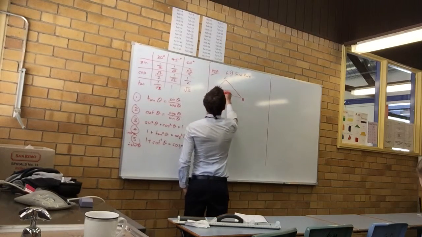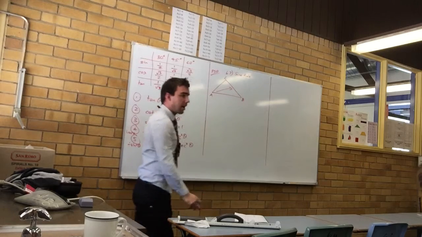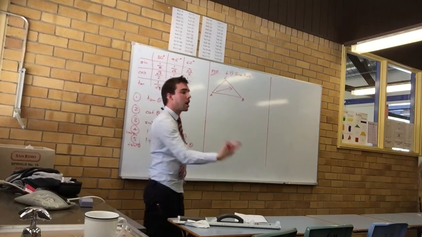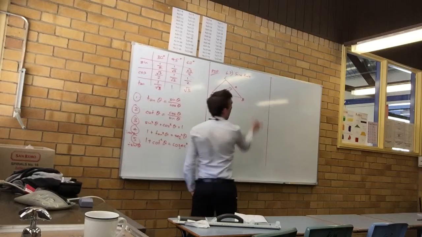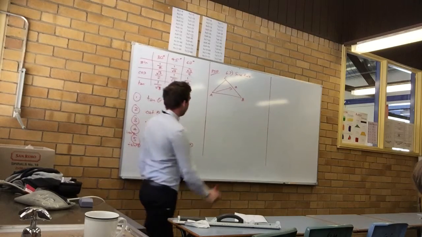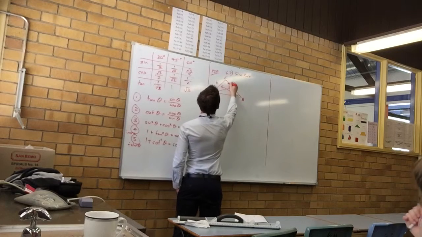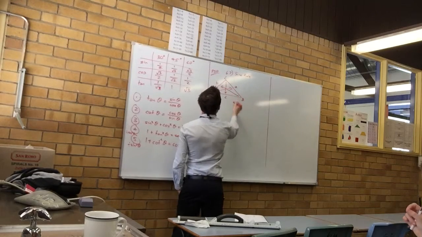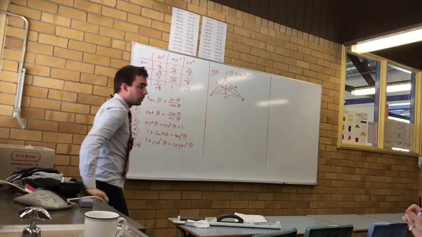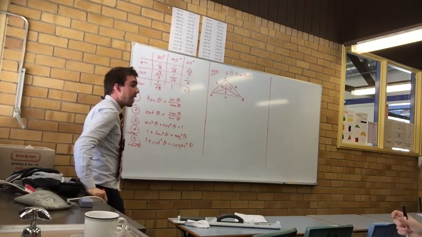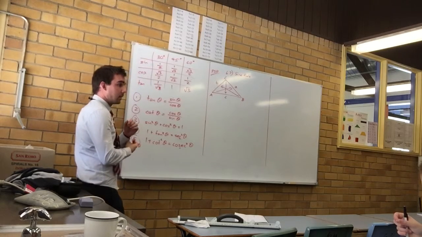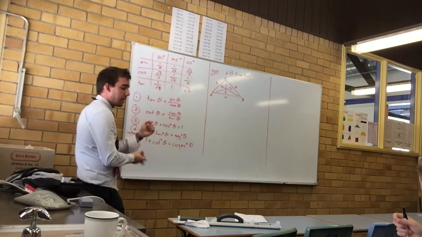The side opposite that capital letter is notated by the lowercase equivalent. That is important, because that's what the rules we're about to do are based on.